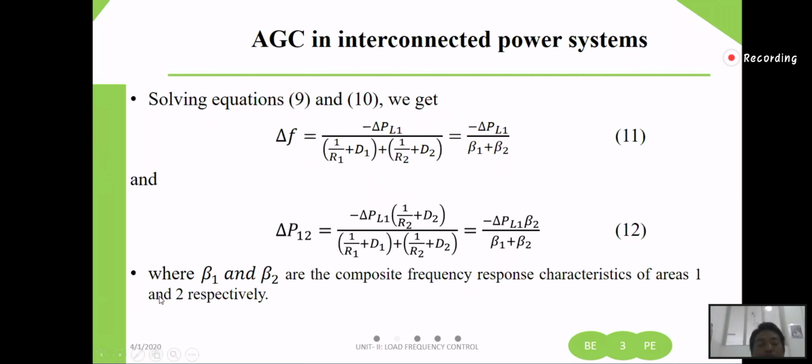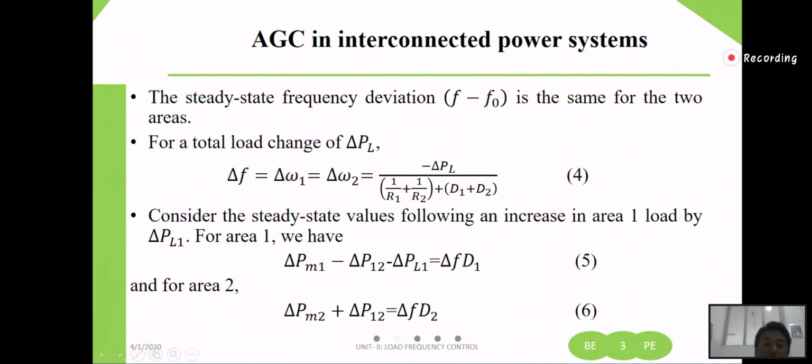Here beta 1 and beta 2 are the composite frequency response characteristics of area 1 and area 2 respectively. Just for simplification, we have represented it by beta 1 plus beta 2. If you keep this much also, it's fine.